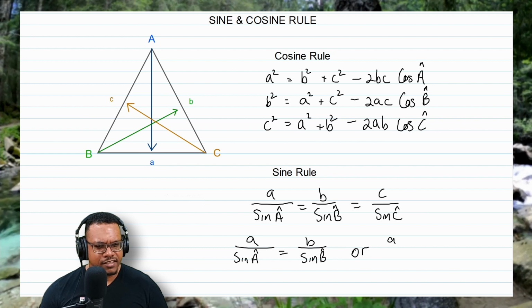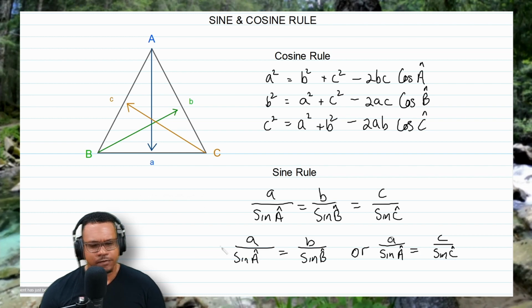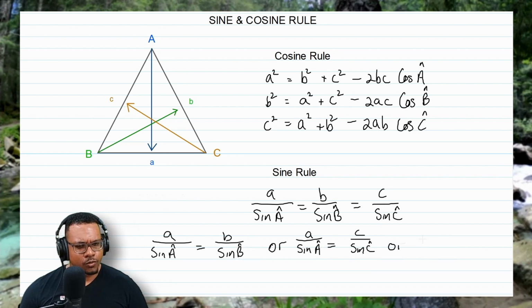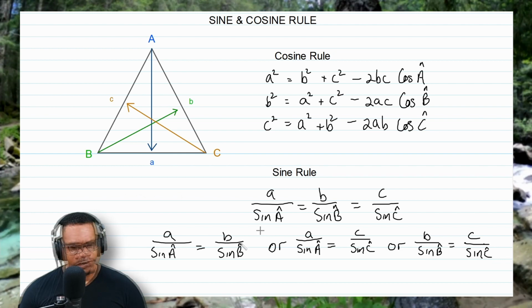Or we could have a over sine capital A is equal to c over sine capital C. And the other variation of this would be b over sine capital B is equal to c over sine capital C. So this is how you'll use the formulas for the sine rule.